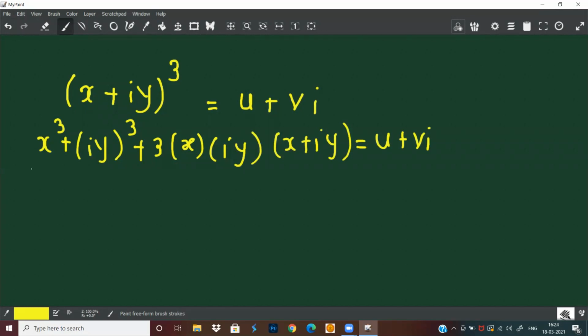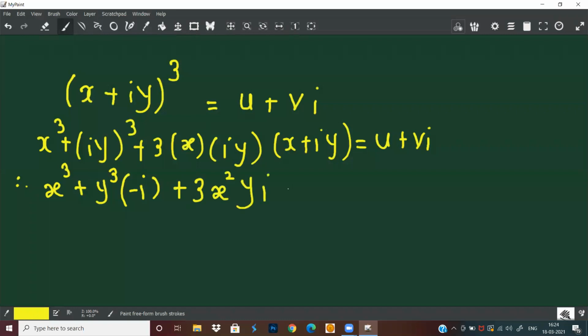So you will have x cube, y cube, i cube is minus i, plus 3x squared iy, so it is 3x square y into i.